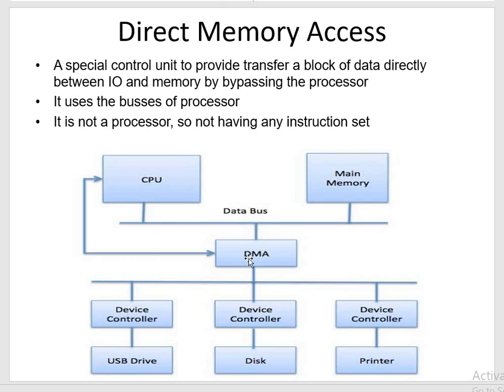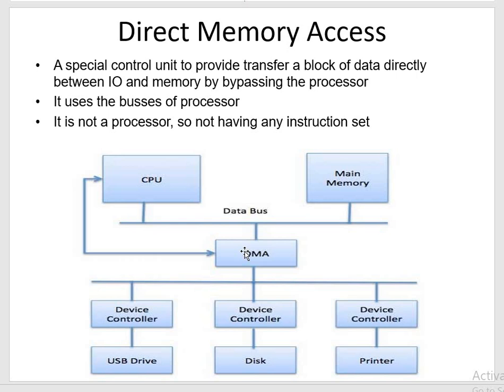Now, if the DMA is capable enough to do all those things, does the DMA have some sort of instructions? No. The DMA does not have its own instruction set.